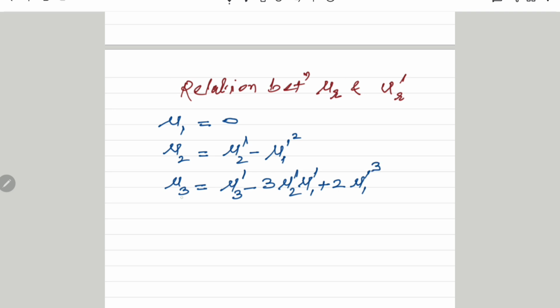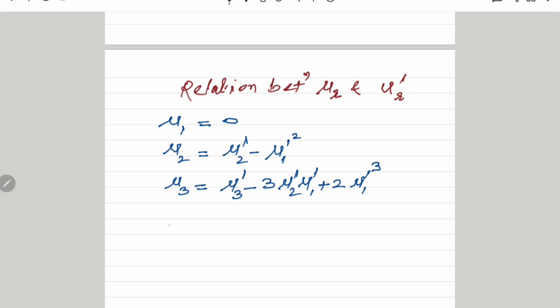Therefore, once again I will repeat, mu 3 is equal to mu 3 dash minus 3 times mu 2 dash mu 1 dash plus 2 mu 1 dash cube. If we see the sum of the coefficients, 1 plus 2, 3, 3 minus 3, we get 0.